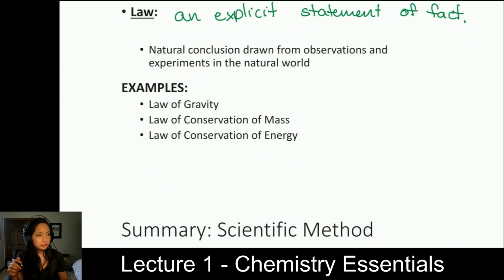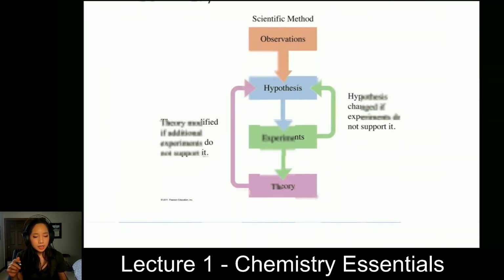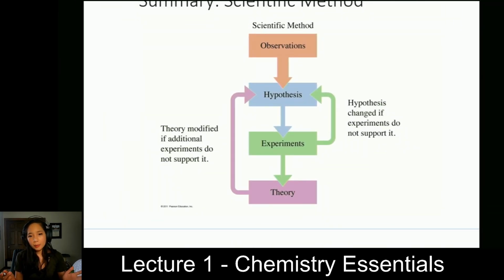All right. So a summary of the scientific method and how it operates. Remember, we essentially take observations that we collect from the world around us. We form a hypothesis that may explain the observations that we see. We can do a bunch of experiments to test that hypothesis.